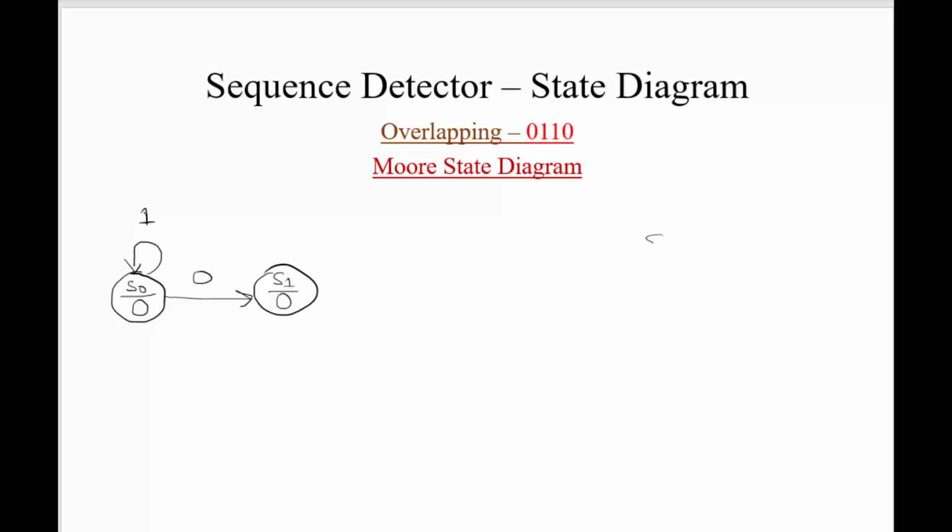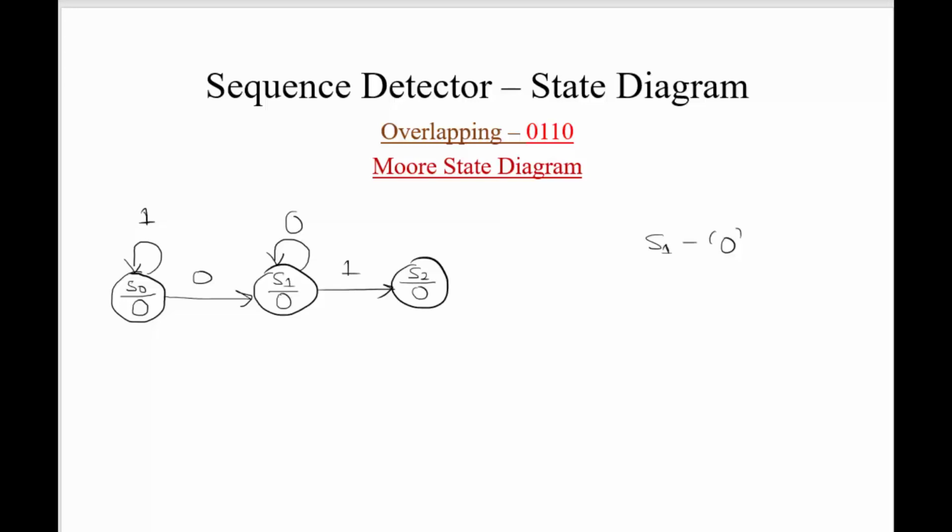Now S1 is once again representing that the first zero of the desired sequence has been registered. On S1 we have two choices, either the input x could be 0 or it could be 1. If 0 occurs on input x, we'll stay at S1 considering it as the first bit of the desired sequence. But if a 1 occurs, of course that's part of our desired sequence, so we show it with state S2.